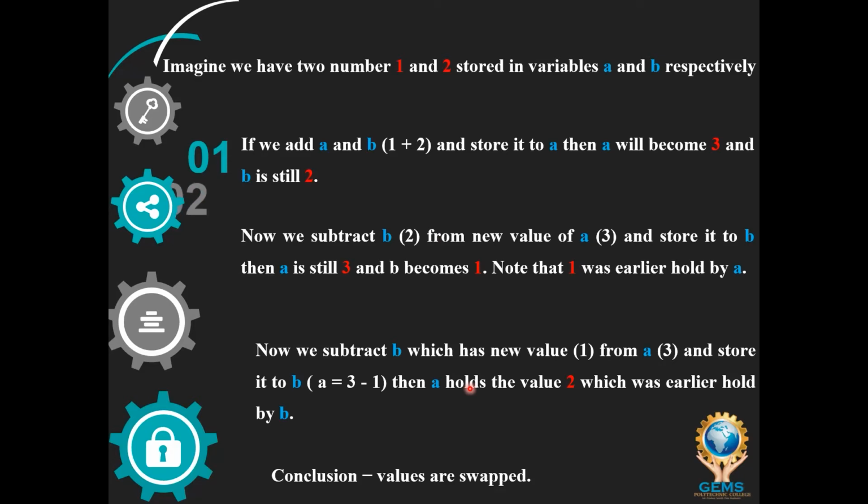The second point says here, we subtract B, which has value 2, from the new value of A. A has the new value 3.